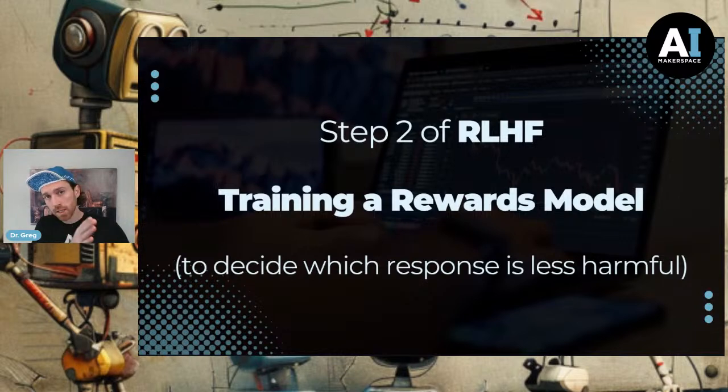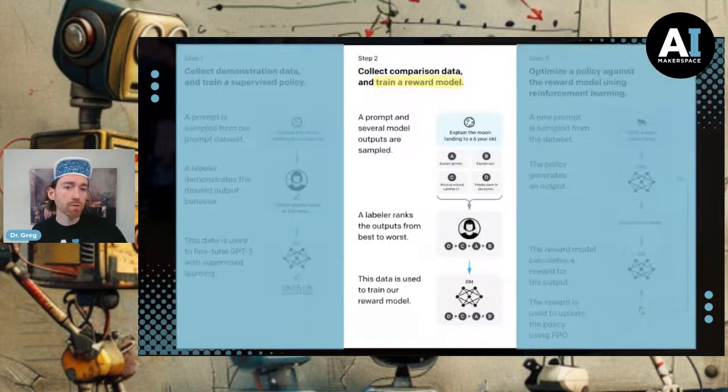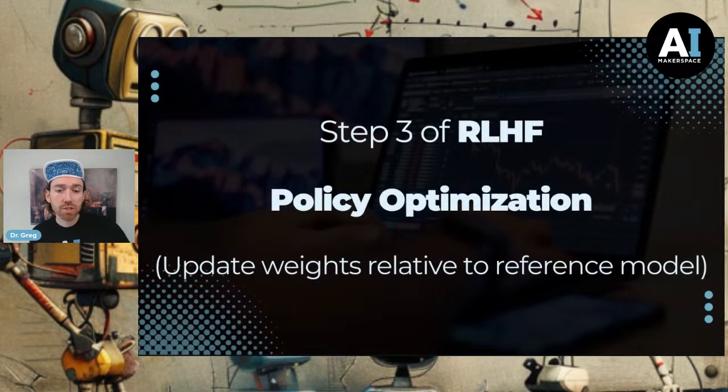This was something that allowed us to decide which response came out less harmful. And so we would go through this training of a reward model piece. And finally, the policy optimization scheme, where we're updating the weights relative to the reference model.